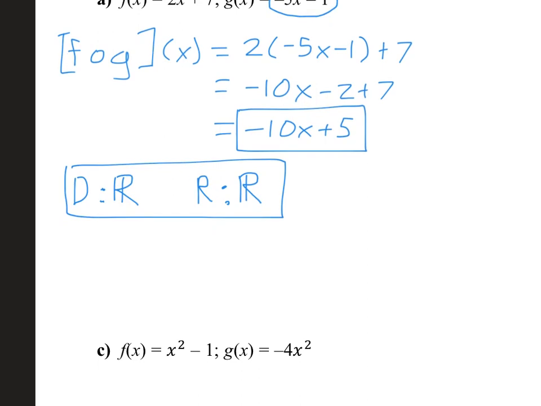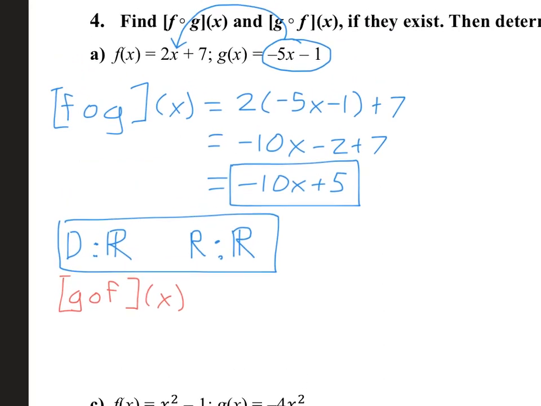Okay, so now I want to find g compose f of x. I'm going to do pretty much the opposite. Now I'm going to start with the f function, and this gets plugged in right there. So that's -5 times 2x plus 7 minus 1.